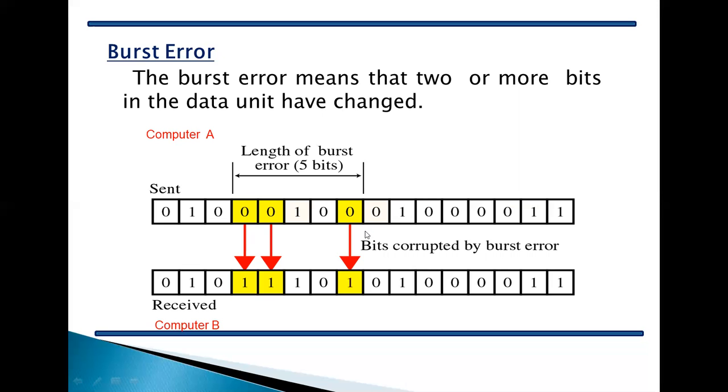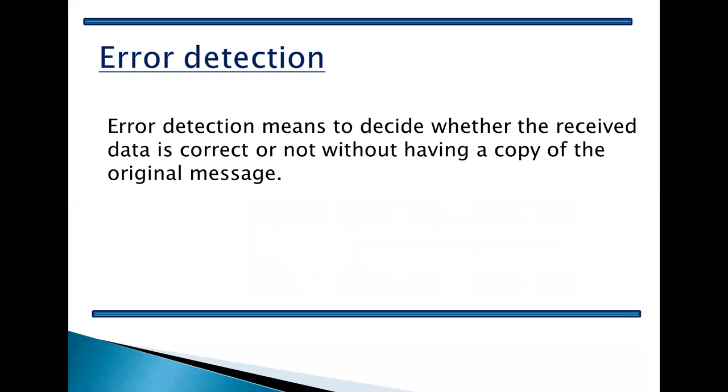The duration of noise in burst error is longer than in single bit error. Burst errors are most likely to occur in serial data transmission. The number of affected bits depends on the duration of the noise and the data rate. Okay, next one, error detection.